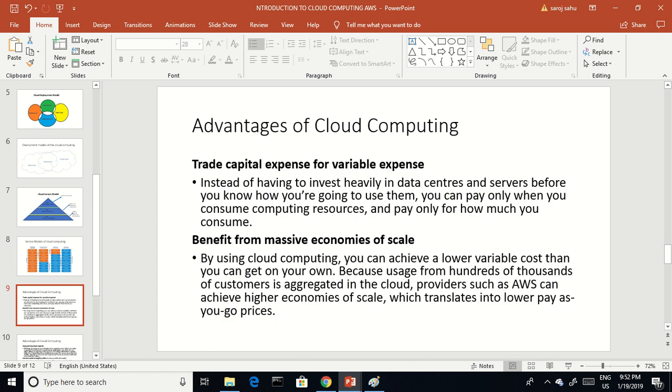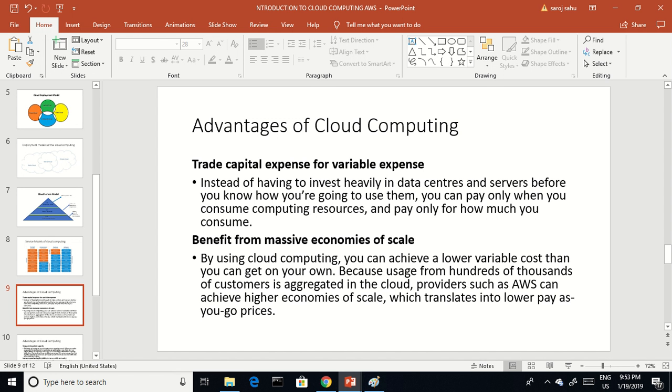And the last thing is why we go for cloud computing, or cloud services. There are many benefits we can highlight here, like trading capital expenses for variable expenses. Means you pay only for how much you consume. How much time you have utilized the services, that much amount you have to pay. So there is no upfront investment.